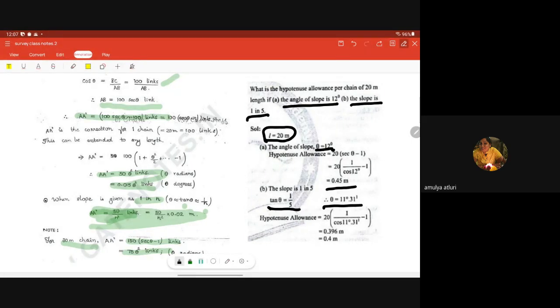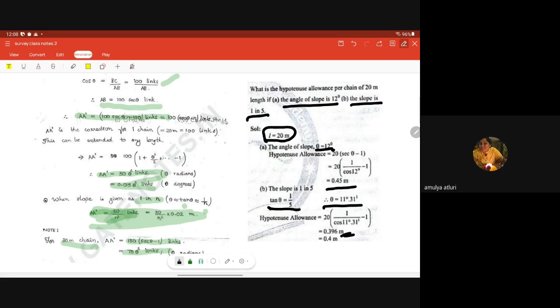What is the hypotenuse allowance in this case? How much length did we measure? 20. So 20 into secant theta minus 1, that is 20 into 1 by cos 11 degrees 31 minutes minus 1. So here comes your value, 0.396 meters.